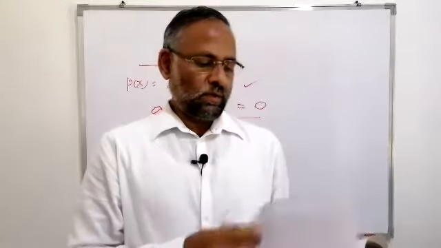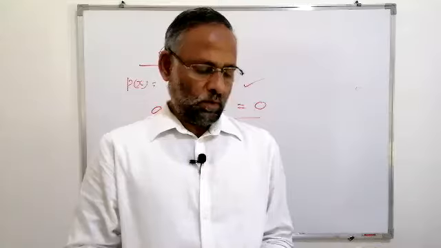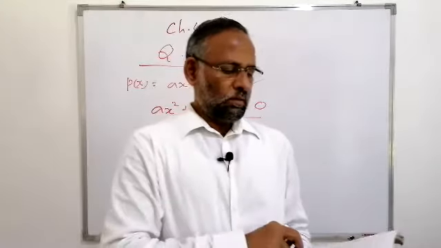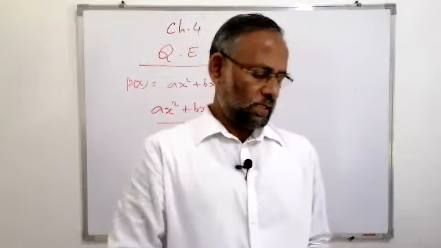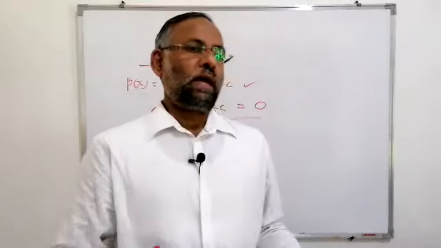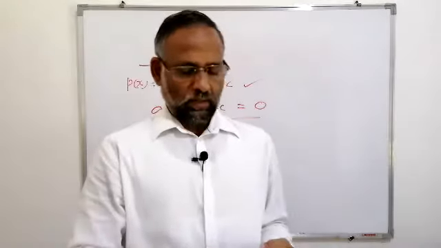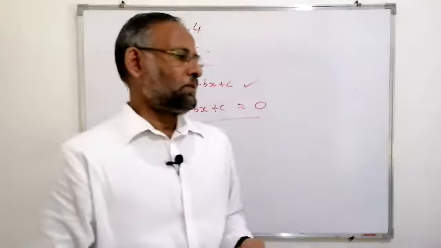So you understood the difference between a quadratic equation and a quadratic polynomial. Now, through the example, first we have to identify whether this is a quadratic equation or not. The method is the same as before.